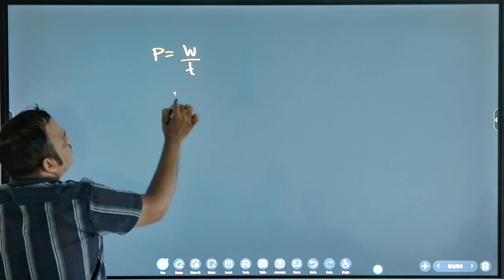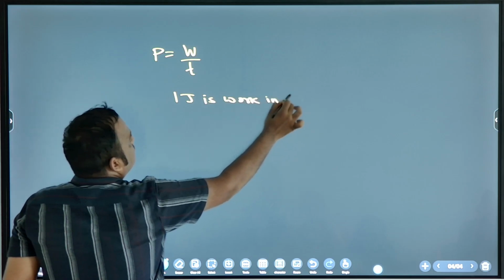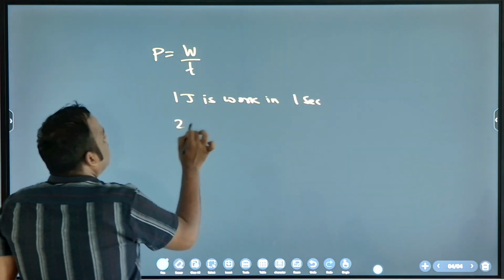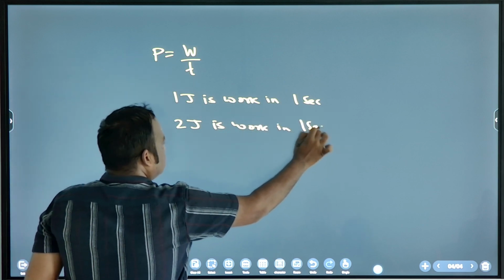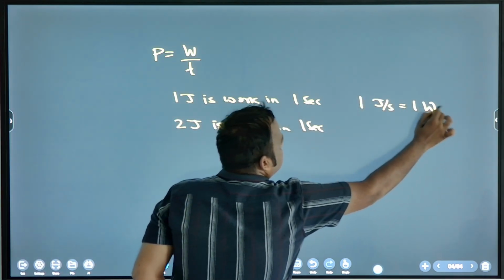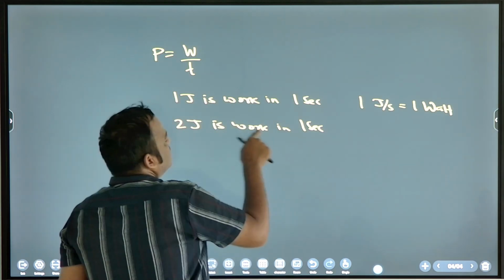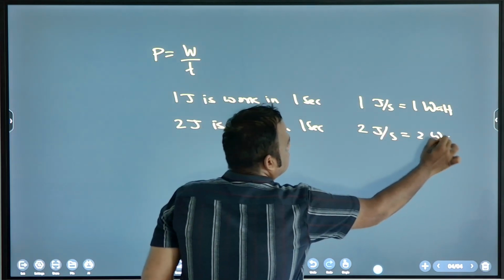Suppose 1 joule of work is done in 1 second, and 2 joule of work is done in 1 second. So what is the power? 1 joule per second is known as 1 watt, and 2 joule per second is 2 watt.